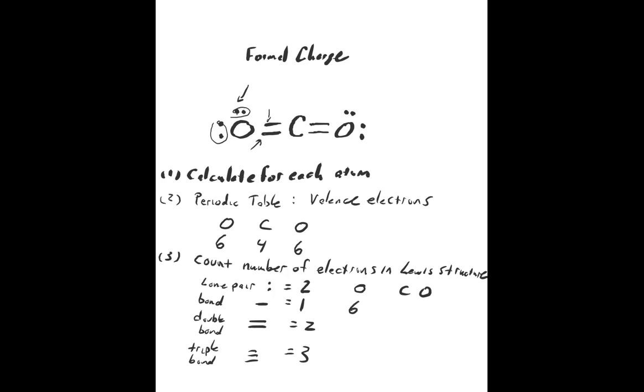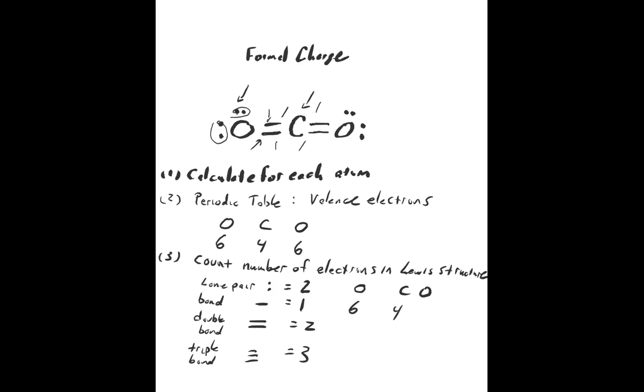Okay? Let's do the carbon. The carbon doesn't have any lone pairs, so you don't even count those. But it has 4 bonds. 1, 2, 3, 4. So the carbon gets 4. Okay? This is tricky, right? Remember, if we were doing Lewis structures, you would say the carbon has 8 because it has 4 bonds.